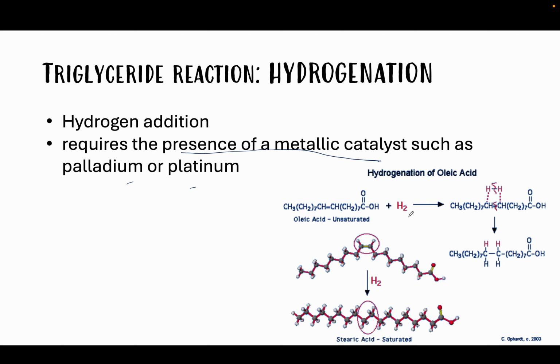This is the sample reaction. You have oleic acid, and hydrogen exists as a gas, H2, the stable form of hydrogen. Then you have the breaking of the double bond, forming a single bond upon addition of the two hydrogens.